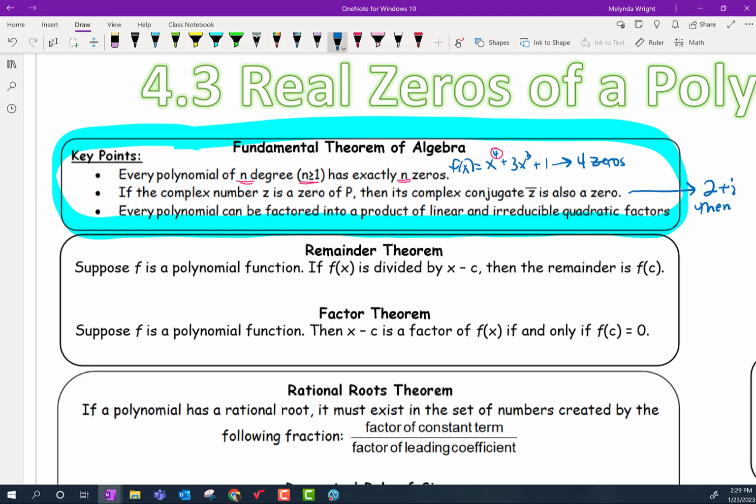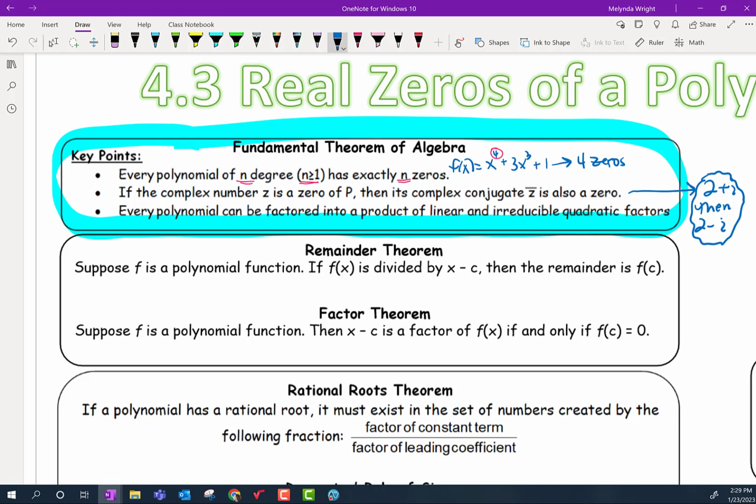If 2 plus i, then the second one would have been 2 minus i. So the conjugate, remember, complex or imaginary answers always come in pairs. If 2 plus i is a solution, then 2 minus i is a solution, and so forth. Okay, hopefully that rings some bells.